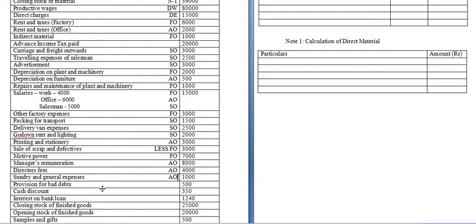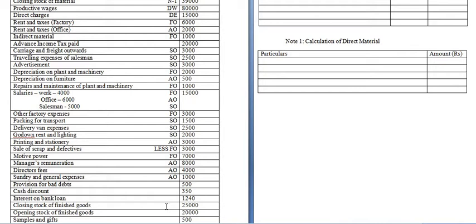Now provision for bad debts is not considered. If they have given bad debts, then it has to be taken under selling and distribution overheads. Suppose if they have given provision for bad debts, you will have to ignore it because that is not considered. Cash discount is also not considered. Interest on bank loan is also not considered. Then next comes closing stock of finished goods.